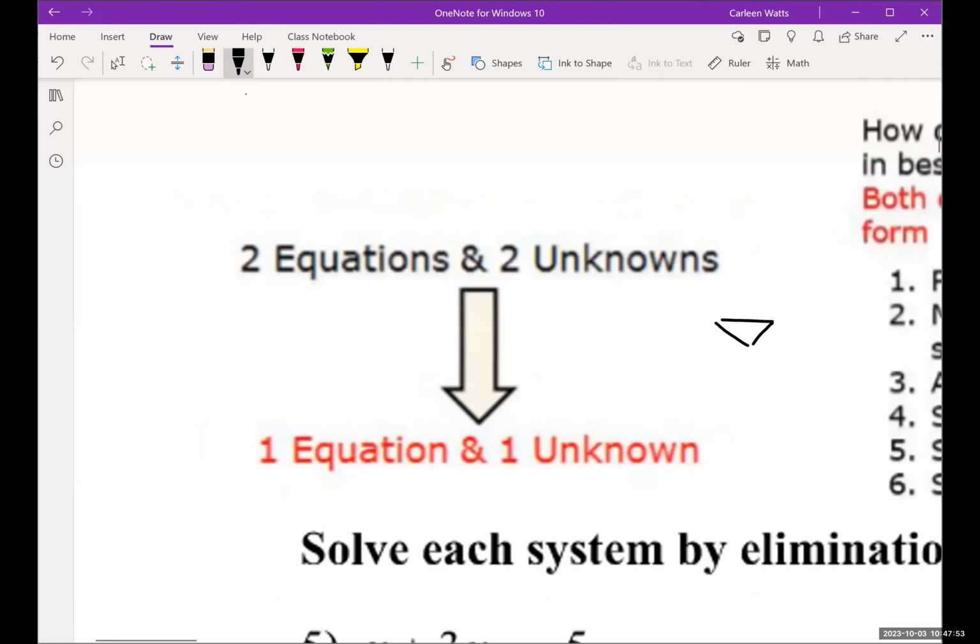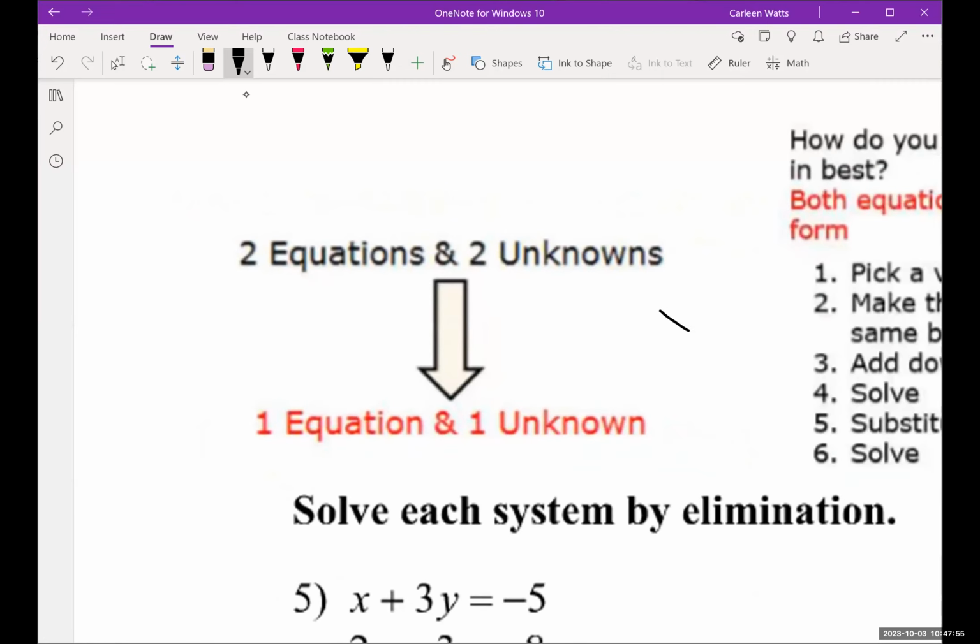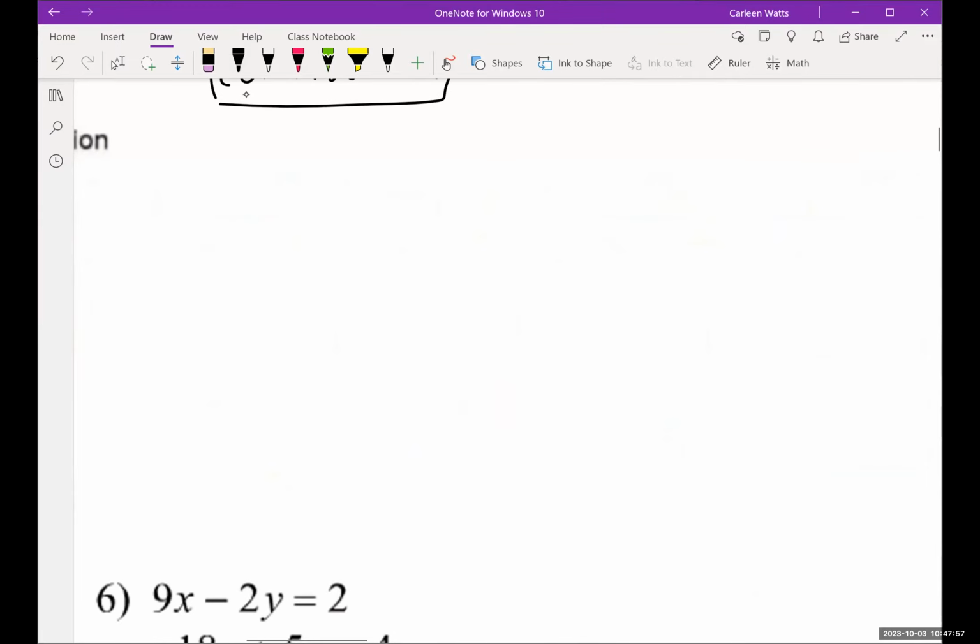Okay. So the methods for solving: we have substitution, which is hook them together. We have subhook, it's a substitution problem. We hook them together. Then we have another substitution, and then we have elimination.